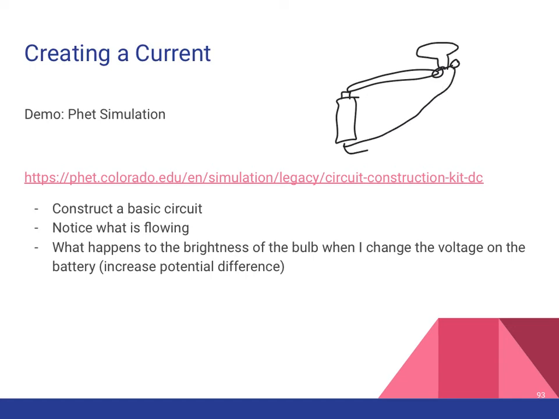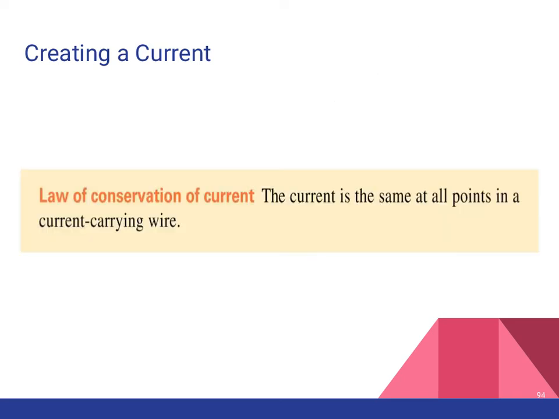And then you grab another wire and connect it off. And you'll see that there are electrons flowing. You can click on the battery, and it defaults to 9 volts, but you can manipulate the voltage on the battery, and see what happens to the brightness of the light bulb.